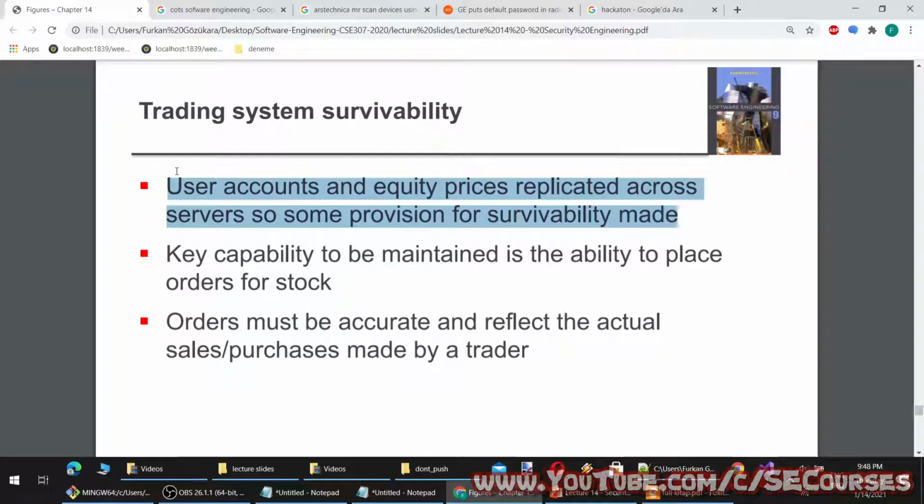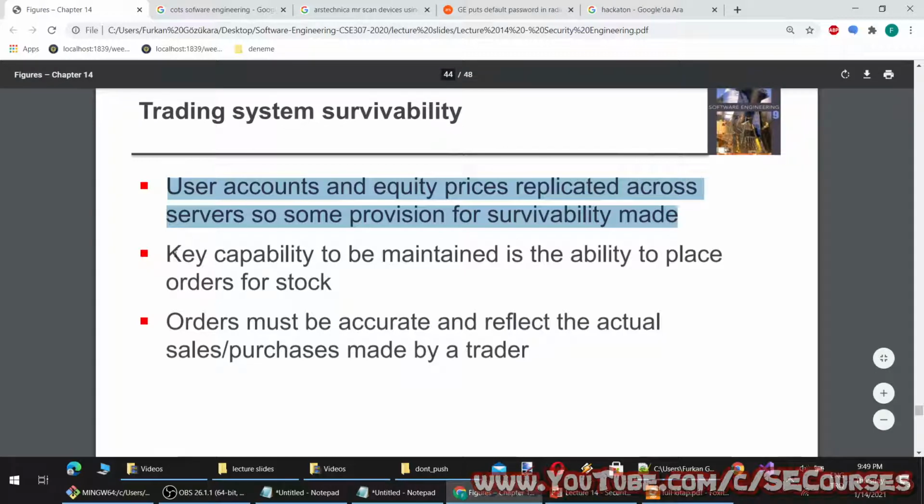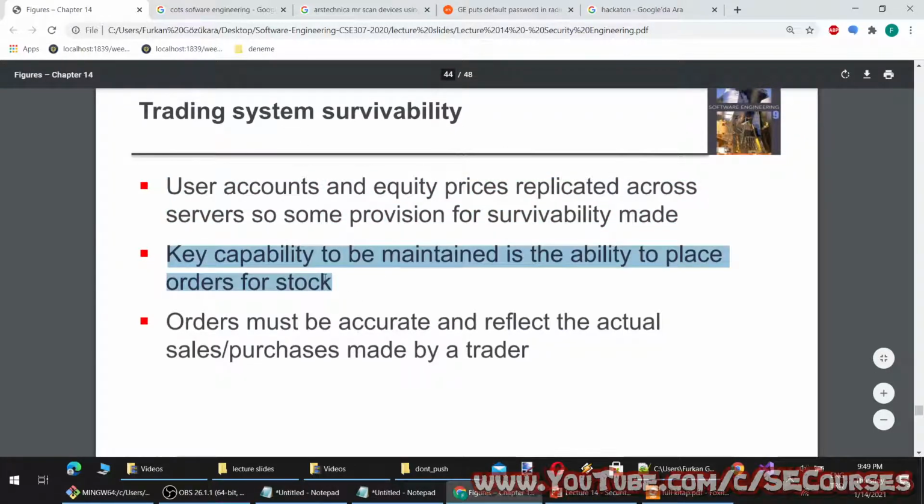They also keep a redundant clone server of the main server, and therefore if the main server fails, the clone server takes control immediately. Therefore no process is interrupted. It is extremely important for hospitals to operate continuously, and many other systems. So replicated servers are a great system survivability measure.